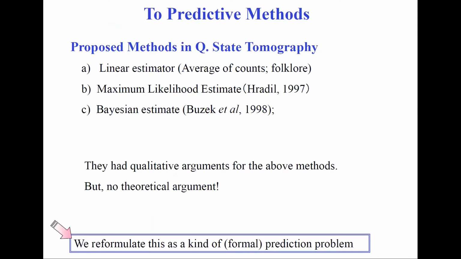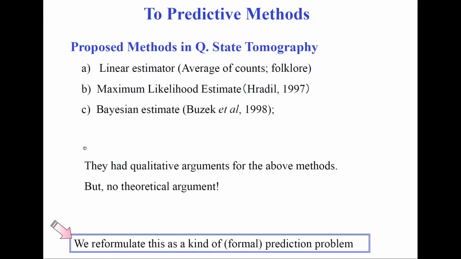Now we see some of the proposed methods in quantum state tomography. The linear estimator causes a certain problem for smaller data. And the maximum likelihood estimate often becomes located on the boundary of the restricted parameter space. And the Bayesian estimate seems so good in a practical situation of quantum state tomography.